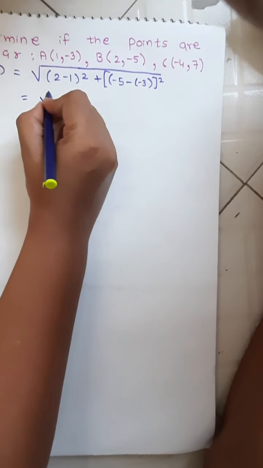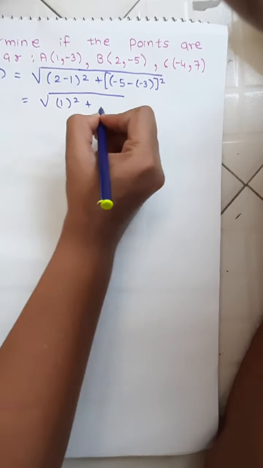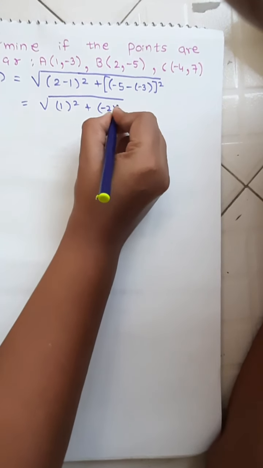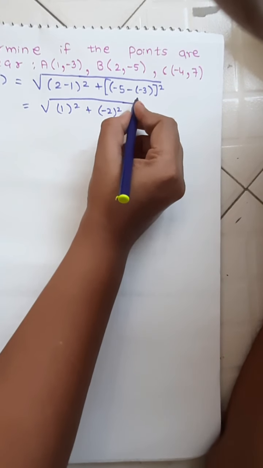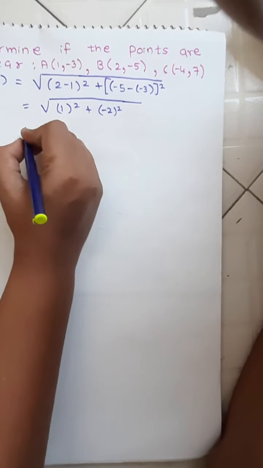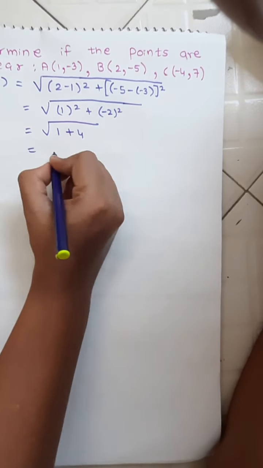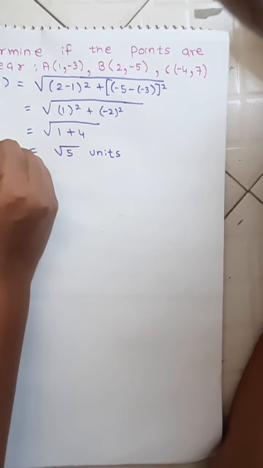So it is going to be 2 minus 1 whole square is going to be 1 square plus minus 5 minus 3, so minus 5 plus 3, so it's going to be minus 2 whole square. So it will be 1 plus 4. It is going to be root 5. Root 5 units, distance of AB.